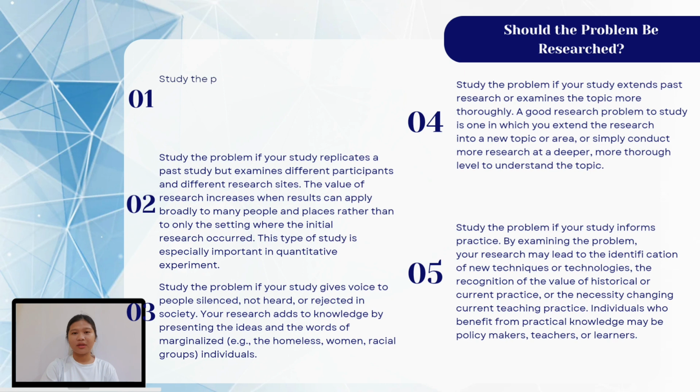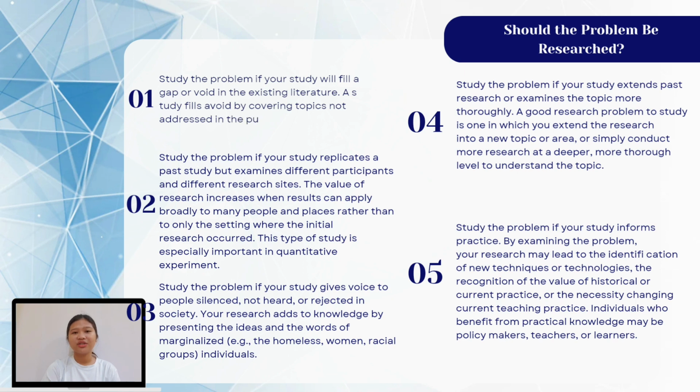The first example: if you're thinking about researching a problem, consider whether your study will help fill in gaps or missing pieces in what's already been studied. Sometimes there are topics that haven't been looked at much in previous research. For example, let's say someone looks at all the research done about how ethical college campuses are.